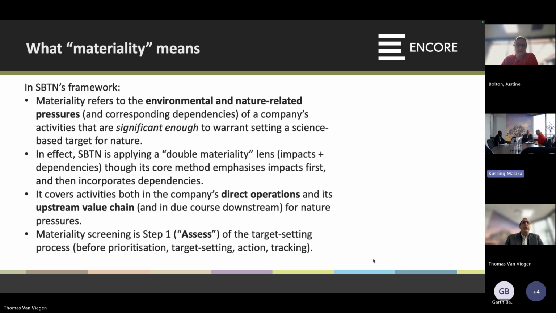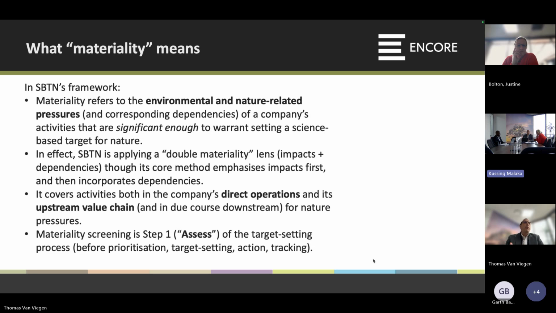Then we're going to go into some of the underpinning, a deeper dive, maybe a little bit down the rabbit hole, in terms of the science and other frameworks and tools which the SBTN's MST was developed upon, in particular the ENCORE tool, the references from MST to ENCORE, and the structures between them. So without further ado, let's look at what materiality is.